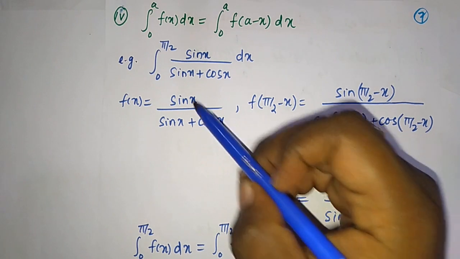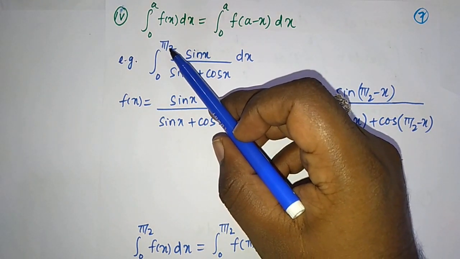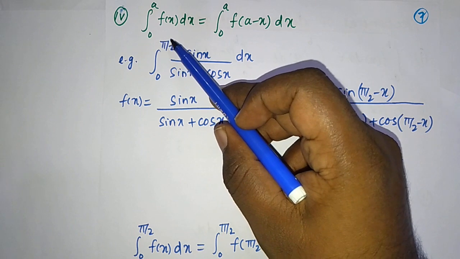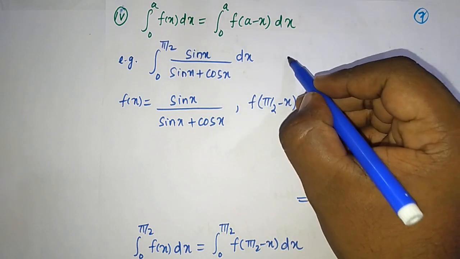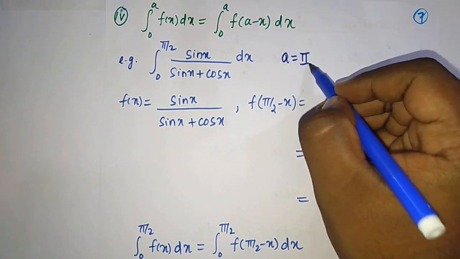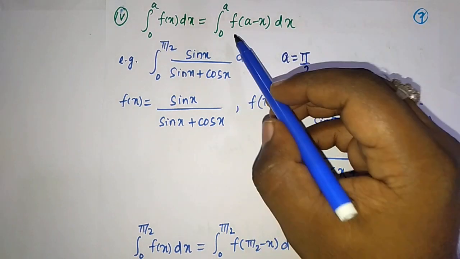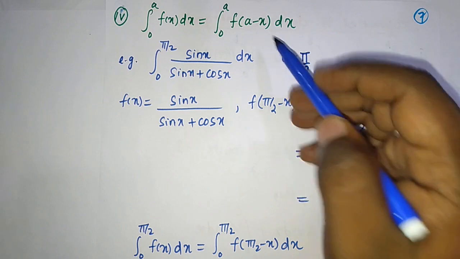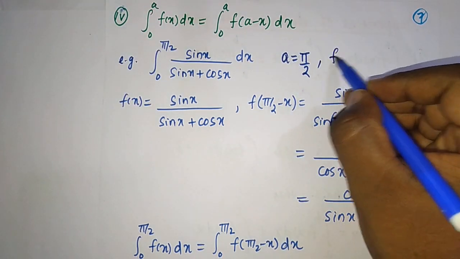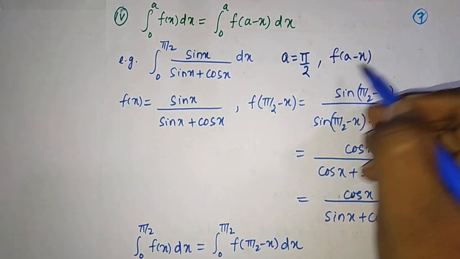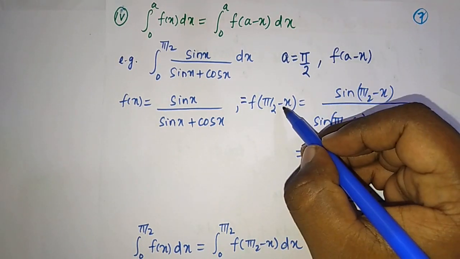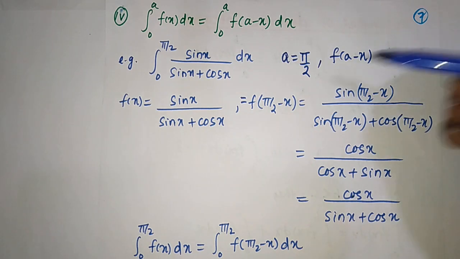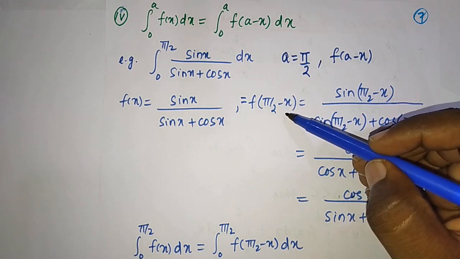Here the upper limit a is pi by 2, so a equals pi by 2. Then f of a minus x is equal to f of pi by 2 minus x, because a equals pi by 2.